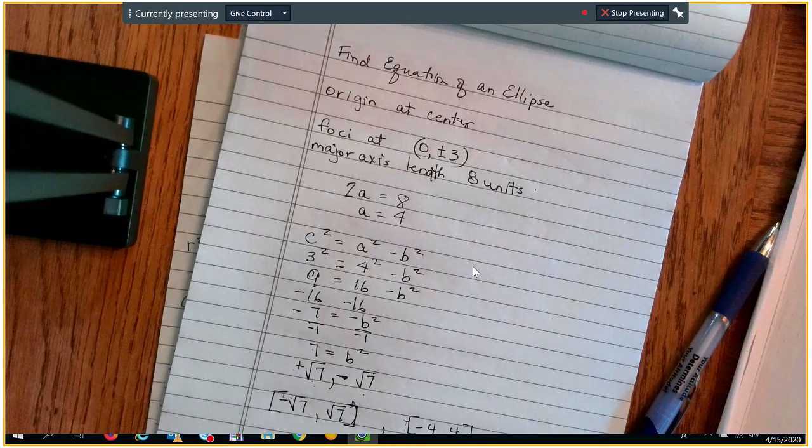Now when you're looking at this, the square root of 7 is going to be the length from the origin out, and then 4 is going to be the length from the origin out. So the longer side is going to be the x or the y axis.